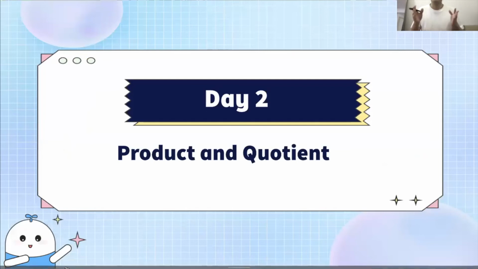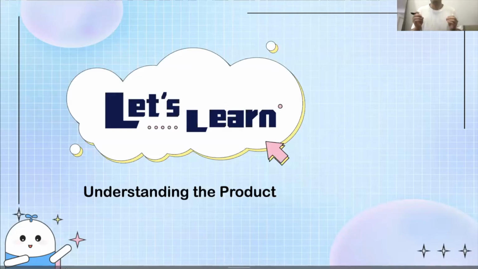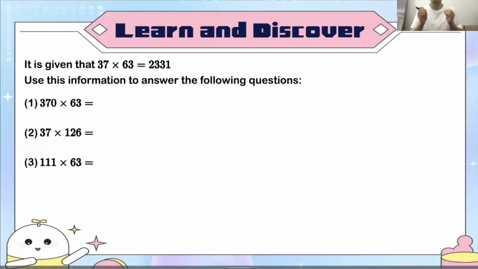Day 2, we are going to talk about some change on product and quotient. We already learned some multiplication skills in the previous lesson. In today's lesson, first learn and discover, we want to understand the product.